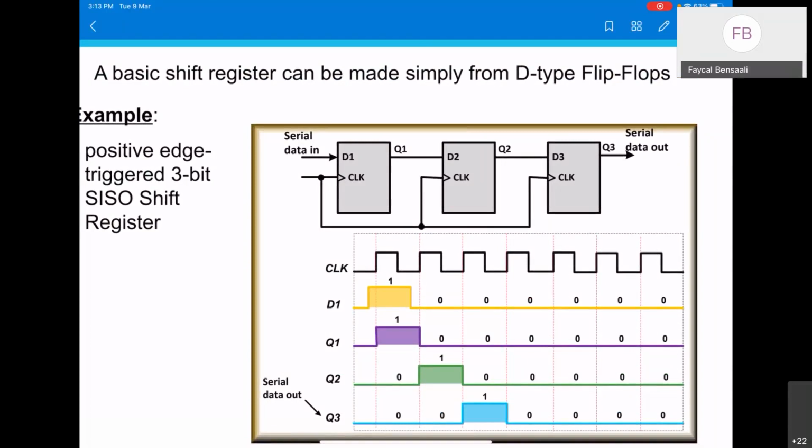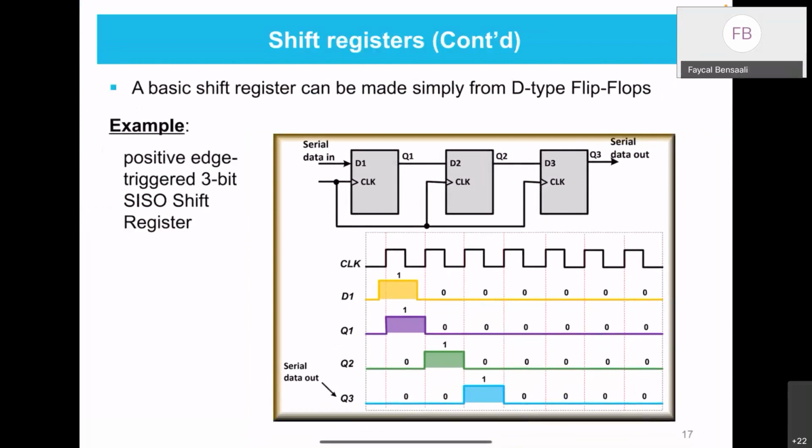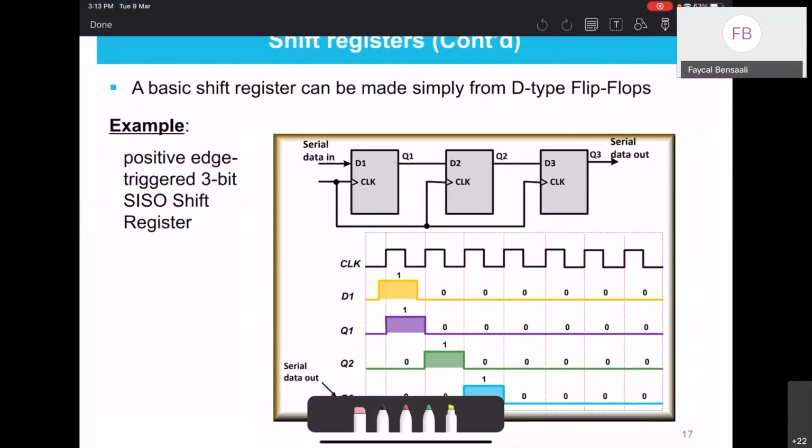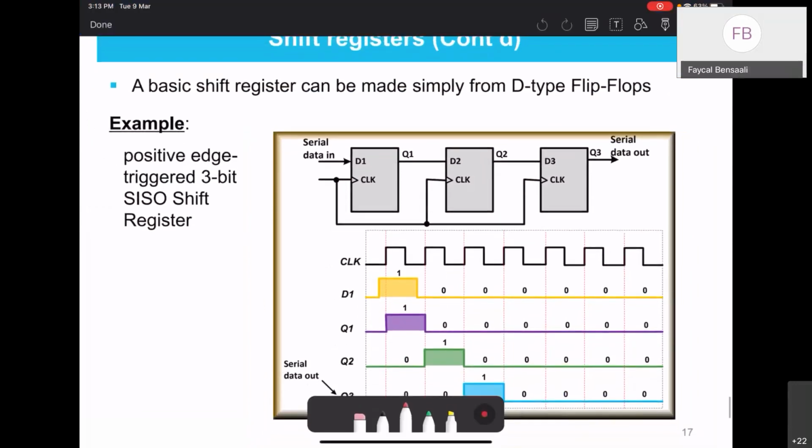3 bits, so we use 3 flip-flops. Do you see this is the first flip-flop, number 1, number 2, number 3. All of them have D, all of them have clock, all of them have Q. I didn't put Q bar, so we don't need to use Q bar in this circuit. We have Q bars, but we keep them unconnected.